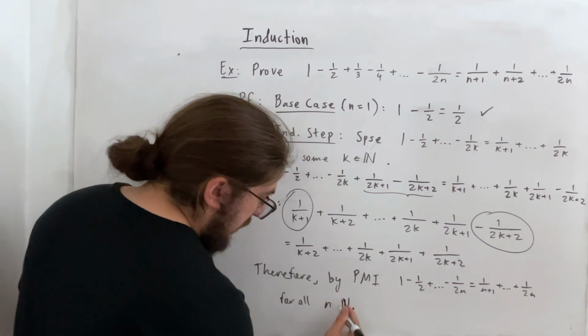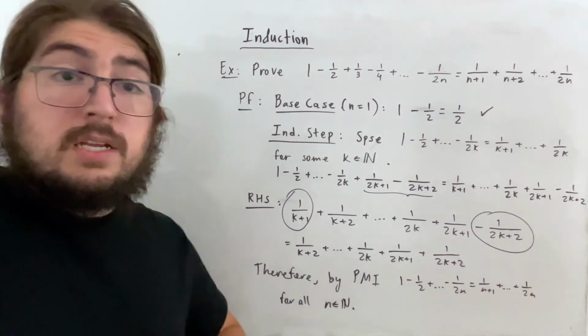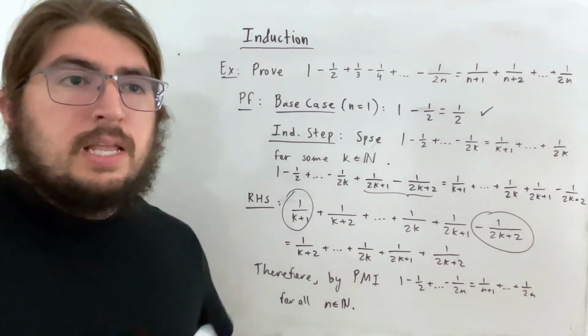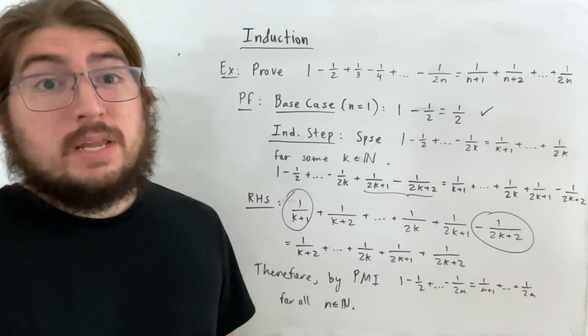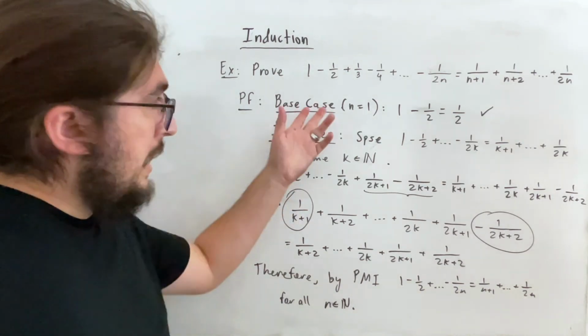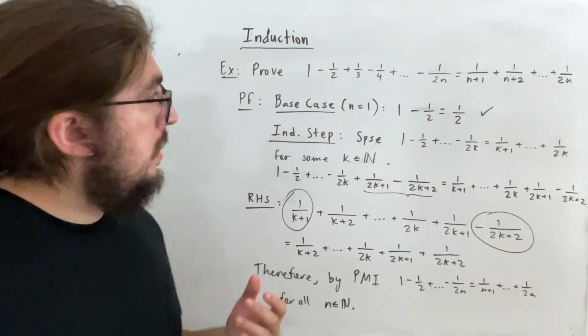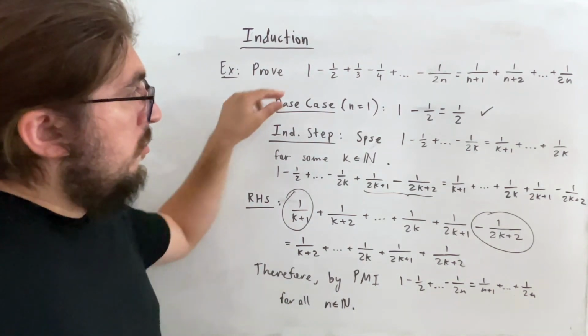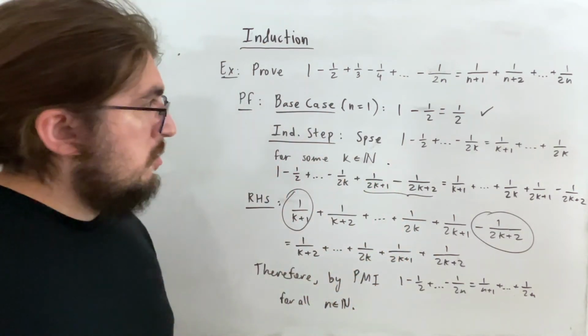Now, we didn't have time to discuss it here, and it's nothing that we're going to really see too much of, but it's just an honorable mention, is strong induction. Now, strong induction is the same as induction, only instead of assuming a base case, you assume it is true for all natural numbers up to a point. So you're assuming it's true for n equals 1, 2, 3, all the way up to k, where k is some natural number.